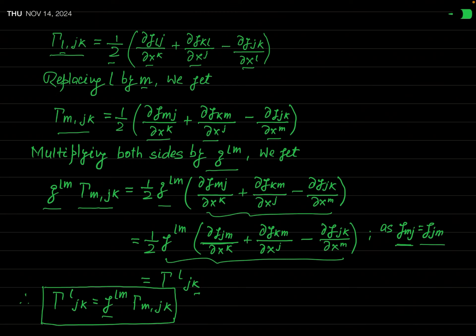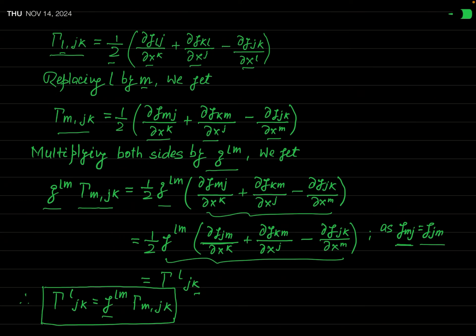For university examinations, you will need to understand each and every step, because you have to prove it. But in the study of general relativity, we will need this expression directly, so you should also remember these relations.